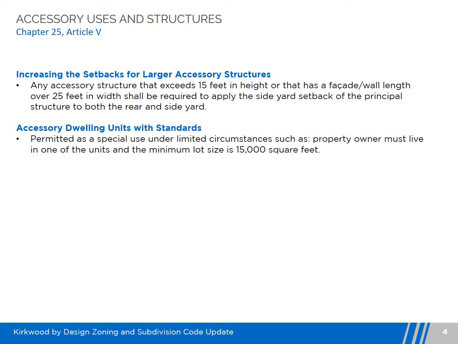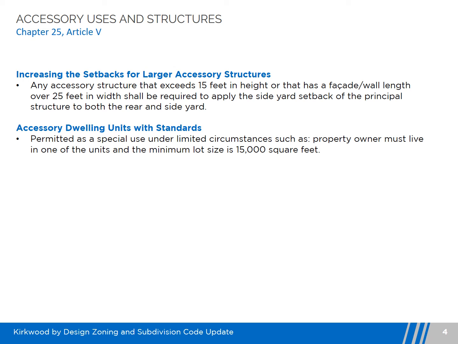But in trying to deal with the issues of the people who want this, and also the concerns about whether they could be rentals and such, we tried to come up with a balance of restrictions so that they couldn't be on every lot, but they could be considered. What we came up with is that these accessory dwelling units would only be allowed on lots that are 15,000 square feet or larger.